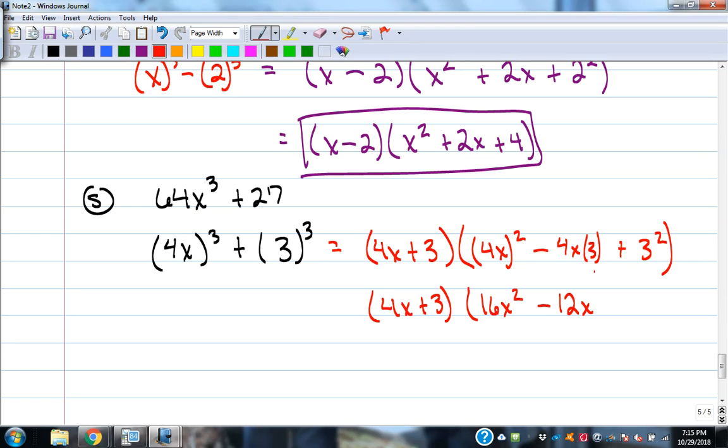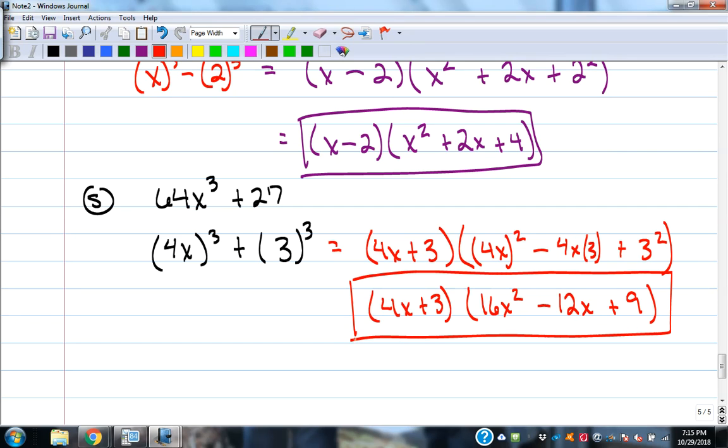Minus 12x plus 9. This takes practice and memorizing that pattern. So memorize that pattern, you'll be okay.